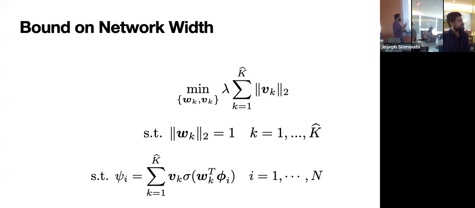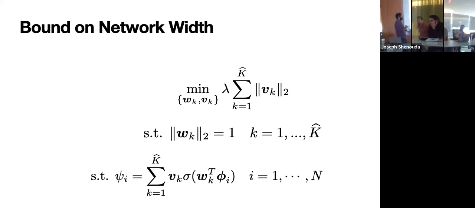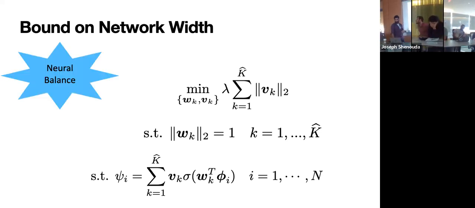And now I want to put an additional constraint. I want to also make sure that the input-output mapping is retained. That way I can ensure that I get the same representation from layer to layer, and at the end of the day, my loss will be the same. So this reformulation is a consequence of the neural balance.